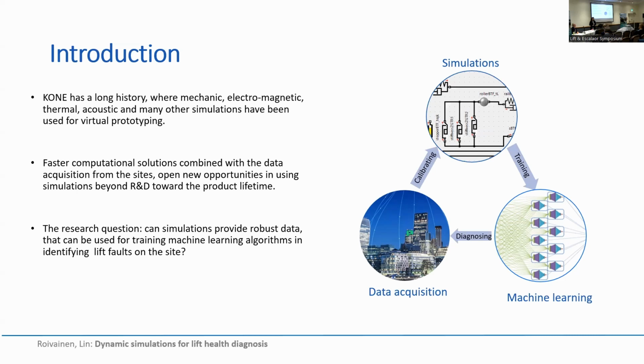We went into machine learning to train it in recognizing the malfunctions, then went to the site, collecting data to see if we can identify these malfunctions on the site. By comparing simulated and measured data, we went back to the simulation and calibrated unknown parameters, for example, installation inaccuracy or damping. And then we continued the cycle until the accuracy of diagnosis was good enough.